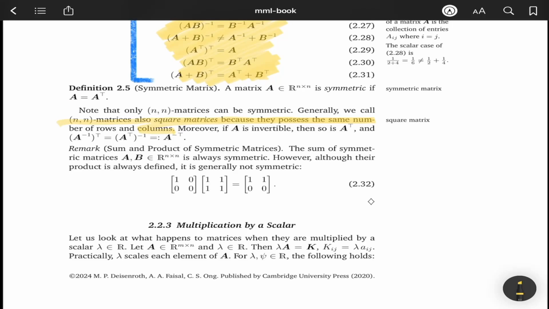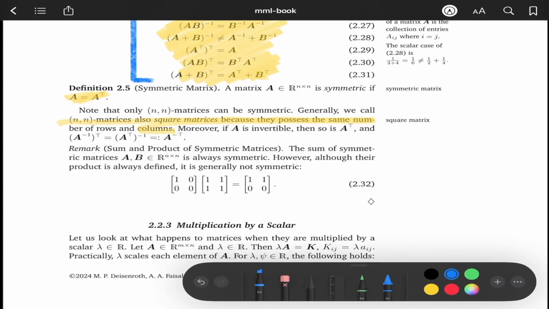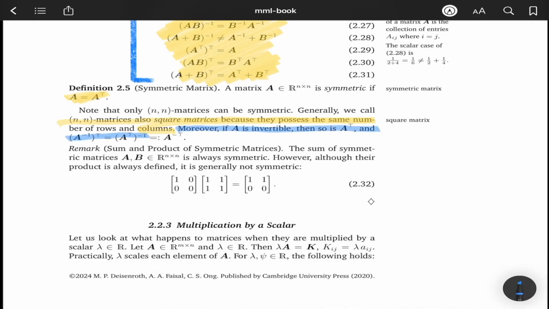They said before A equals A transpose if it's a symmetric matrix. But if I read this correctly, this is just a new property. It says that every matrix which you can invert and transpose is equal to if you transpose the matrix and then take the inverse.